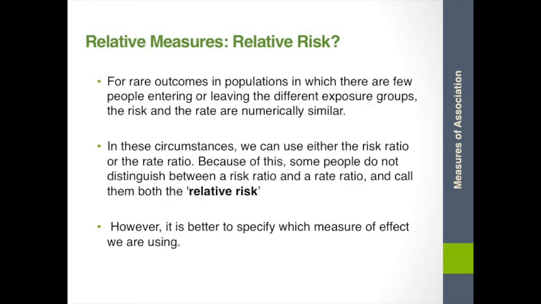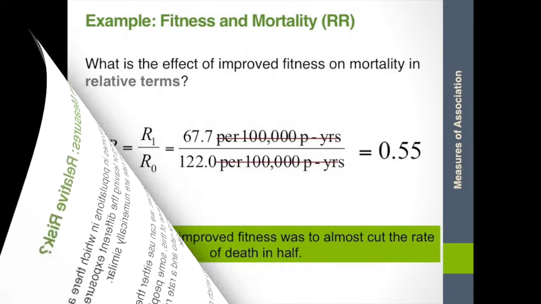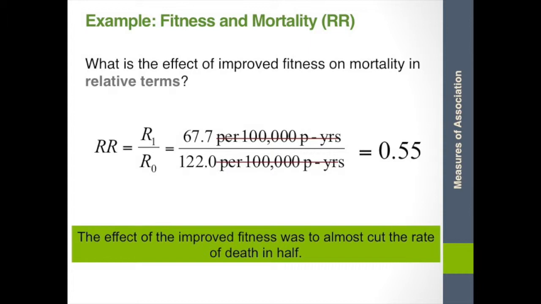However, it's always better to specify which relative measure of effect you're using. In our example of improved fitness and mortality, we can calculate the effect in relative terms. We divide the mortality rate in the exposed group by that in the non-exposed group and say that the effect of improved fitness is to almost cut the rate of death in half.